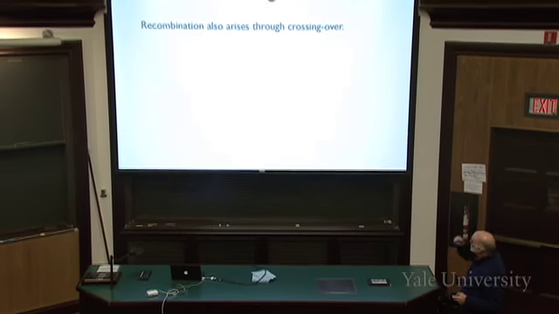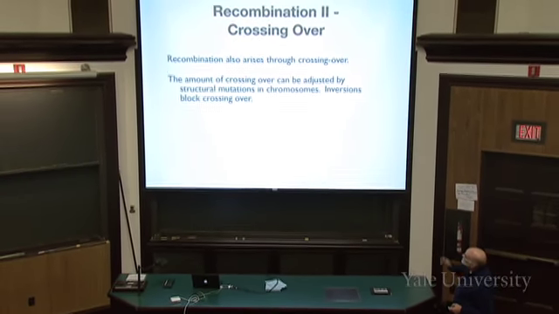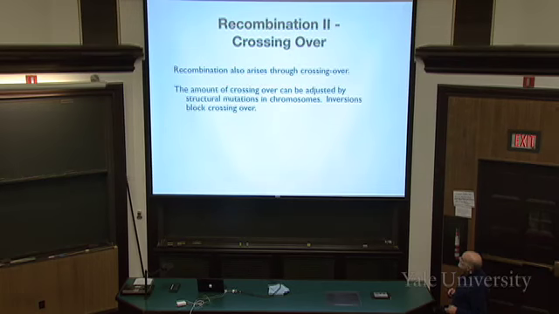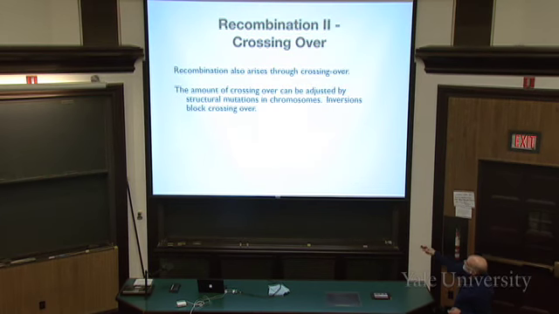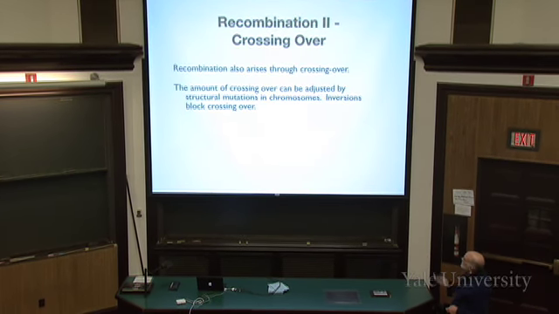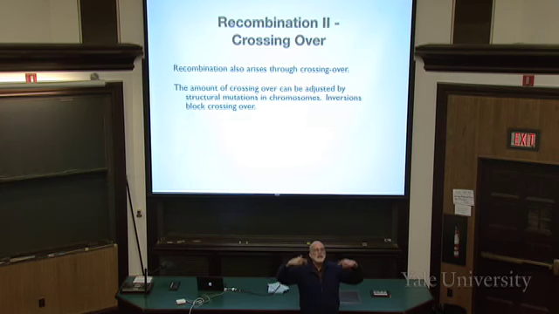Okay, now crossing over also generates a lot of genetic diversity. And the amount of crossing over can be adjusted. Inversions will block crossing over. You take a chunk of chromosome and flip it around so that in the middle of the chromosome the gene sequences are reversed, and in that section of the inversion, that causes mechanical difficulties.